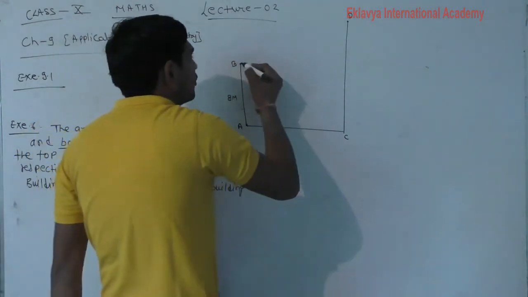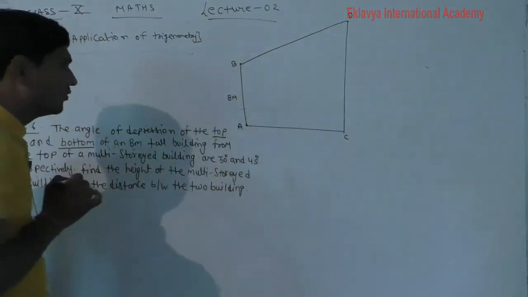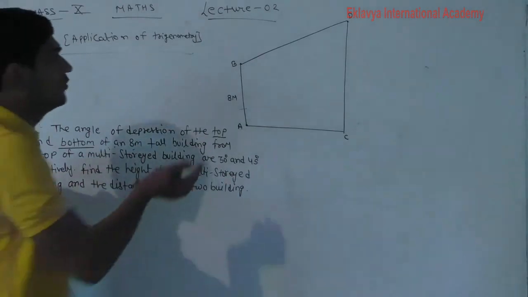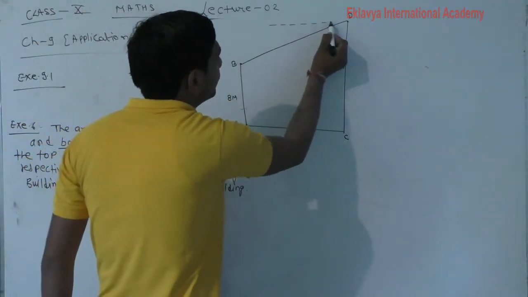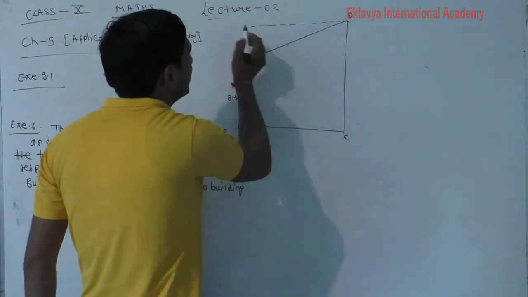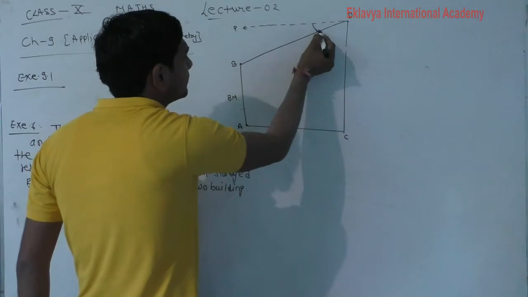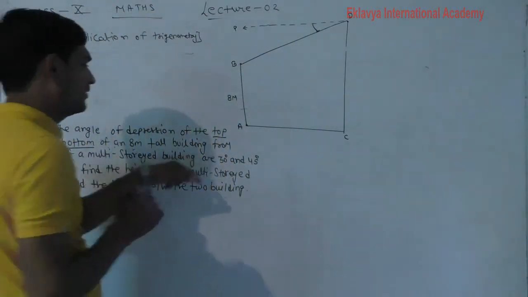So first, the angle of depression formed from the top, and we always know that to form the angle of depression we draw the horizontal line. So we will draw here a horizontal line, that is point P. So what angle is formed from the top, students? That is 30 degree.